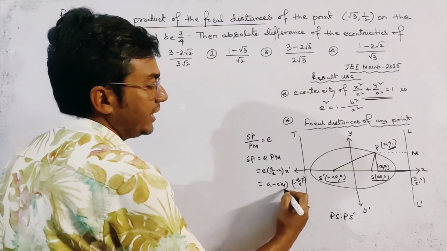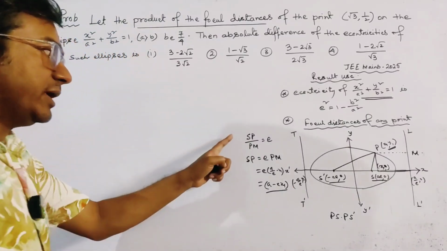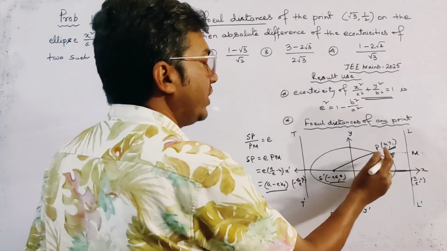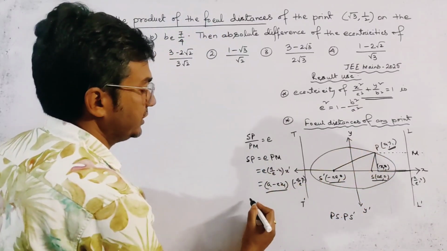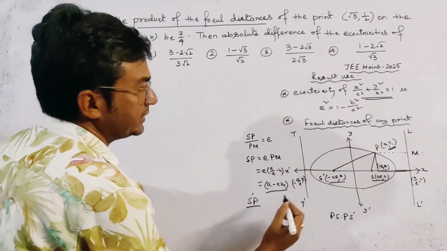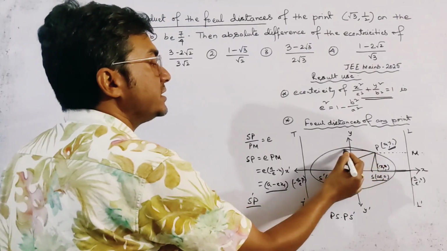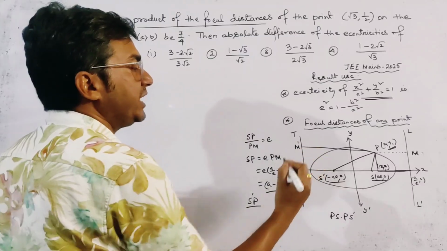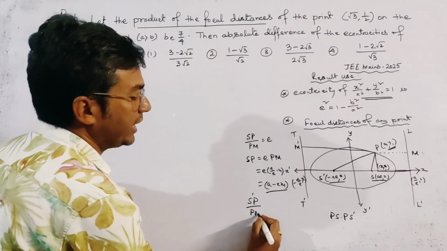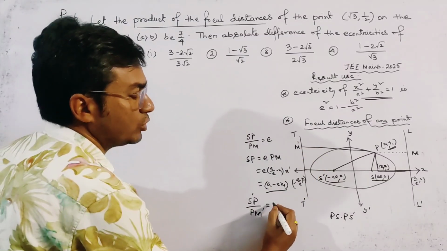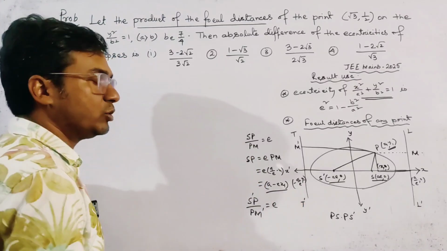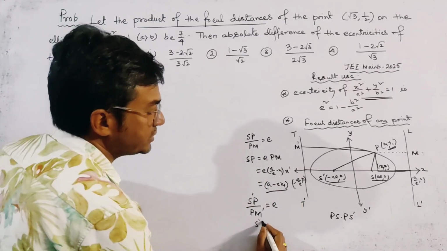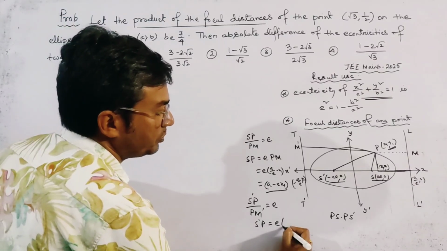and we get the result a minus e x1. This is the value of SP. Similarly, when we have to find the value of S'P, the perpendicular is like this, and this is known as PM'. We also write e, because e, the eccentricity, is always constant, so S'P is e into PM'.